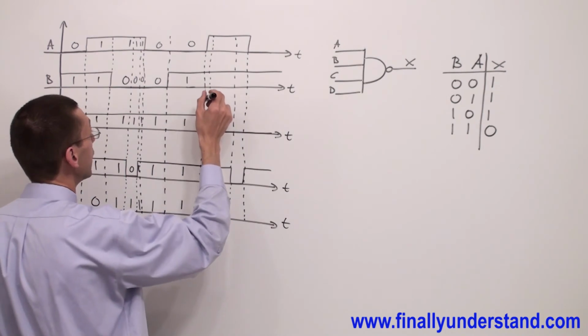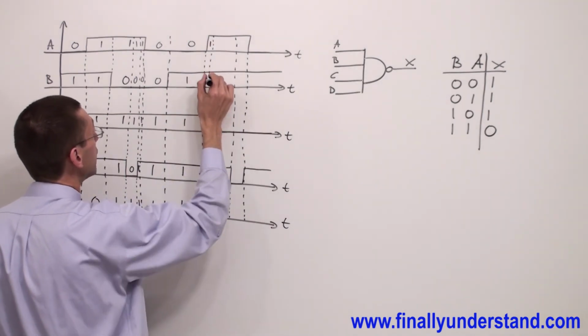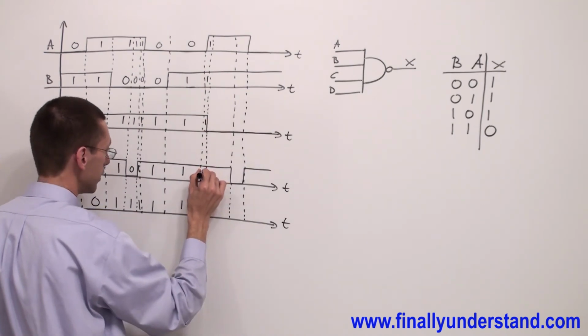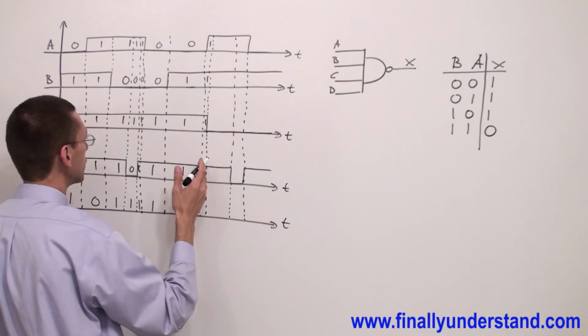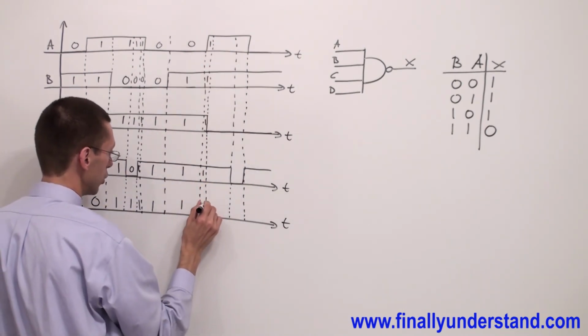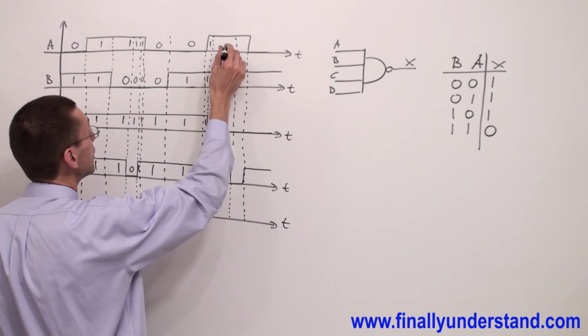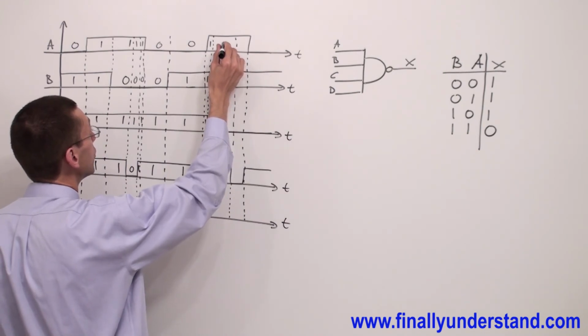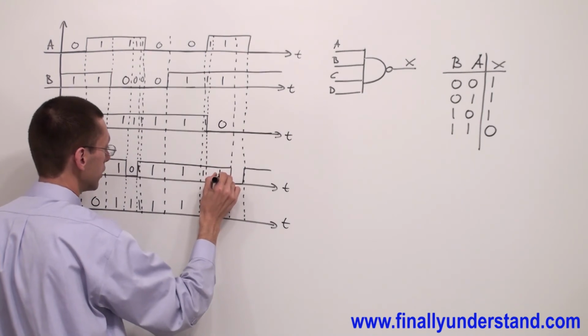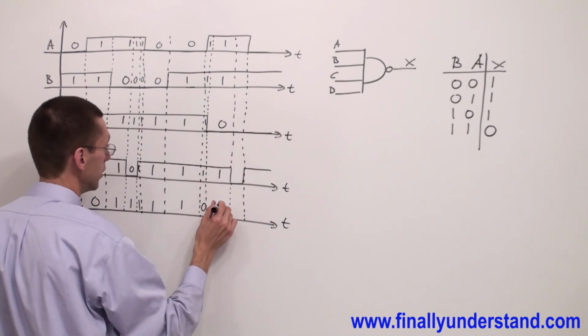And at this time I have high, high, high, and high. All inputs are receiving highs. That's why this is going to be low. And at this time I have high, high, low, high. That's why this is going to be high.